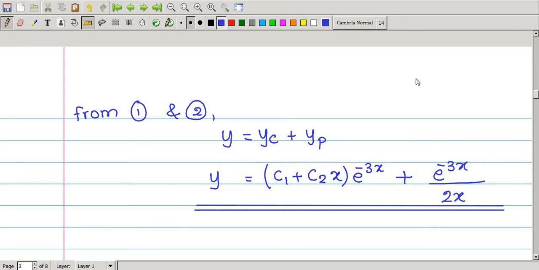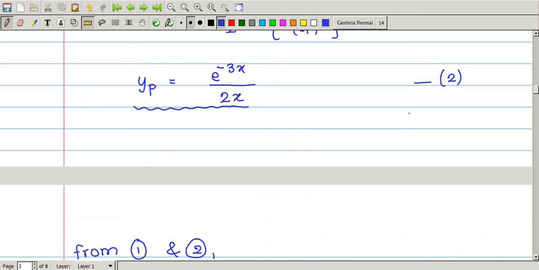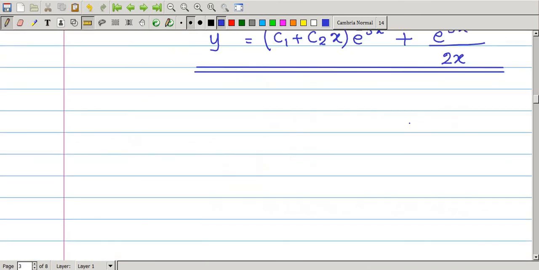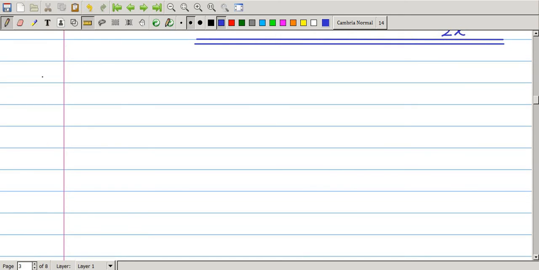So if there is another case, we can apply variation of parameters method as well. So for applying variation of parameters method, second case.